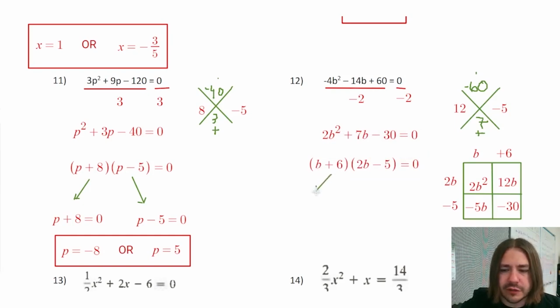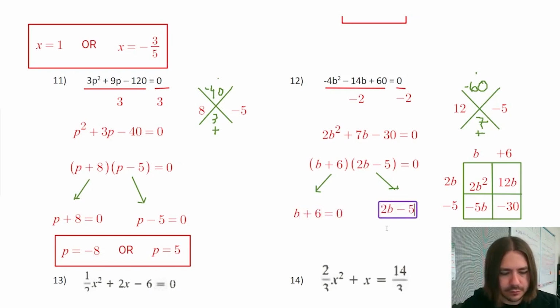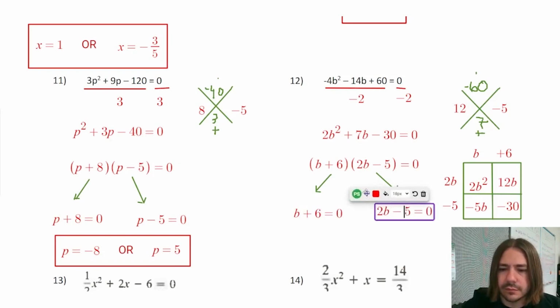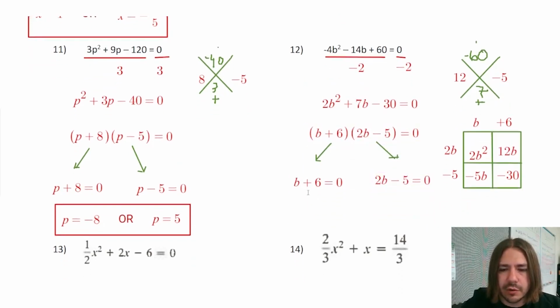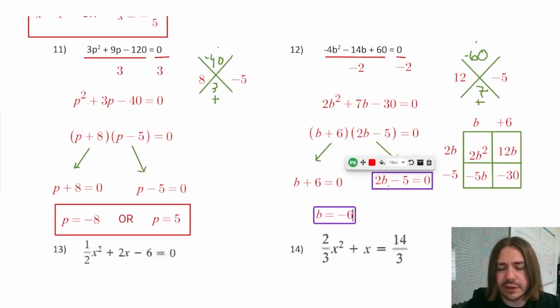We're going to set each of these factors equal to 0 and solve them both individually. For this one, we're going to subtract 6 from both sides, and we get b equals -6.